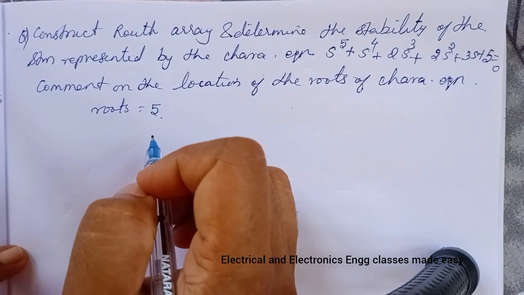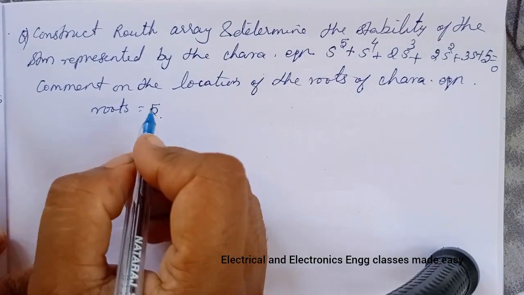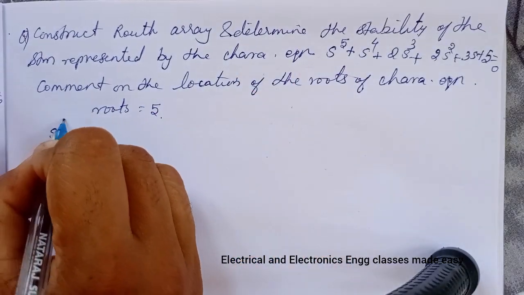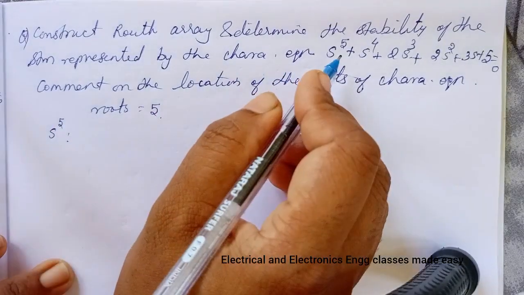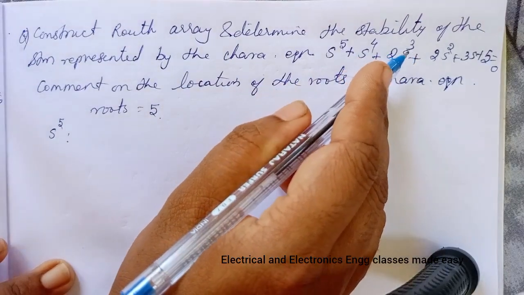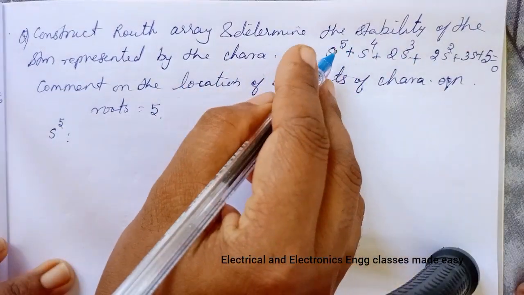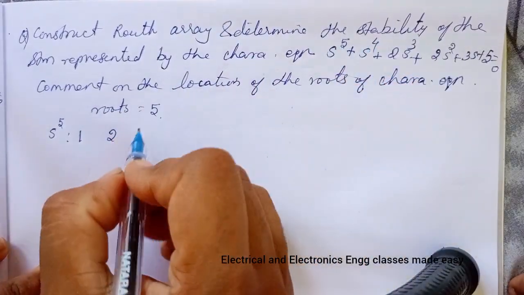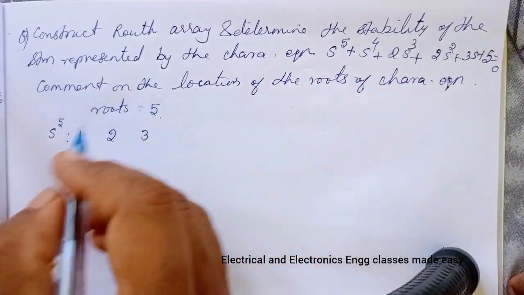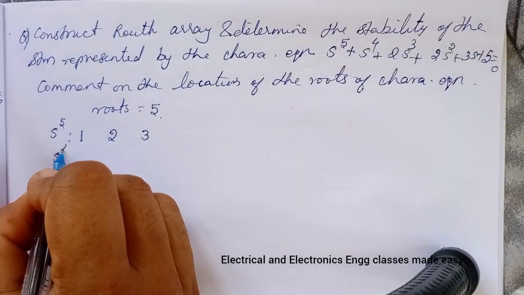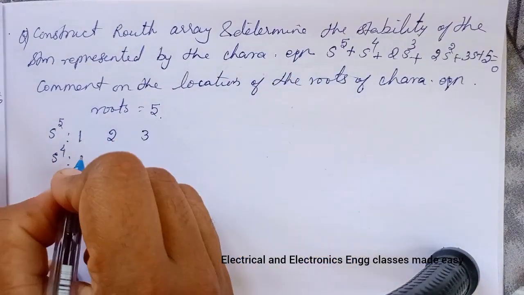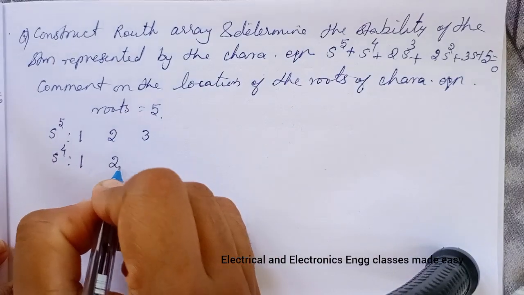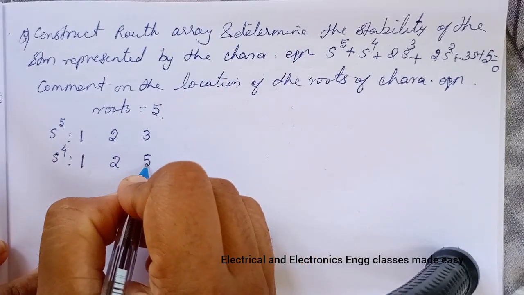Now we have to construct the Routh array. So highest power of s is s raised to 5, and the elements of odd powers of s are 1, then 2, then 3. Now s raised to 4 elements are 1, then 2, then 5.